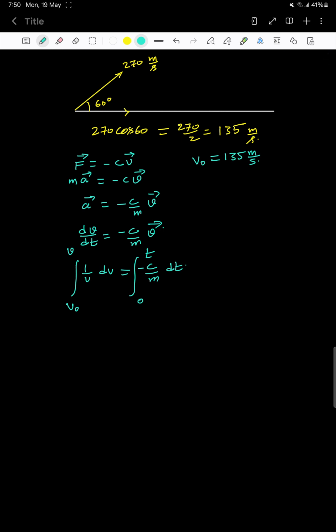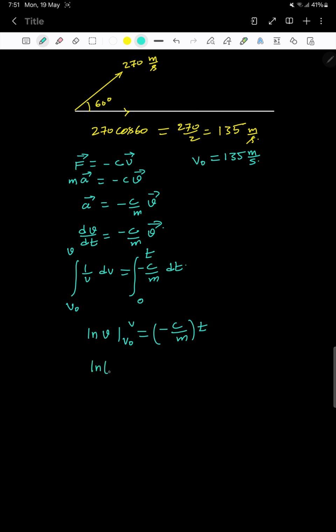Integral 1 upon v dv is ln of v, from limits v naught to v, equal to minus c by m times the integral dt, which is t.